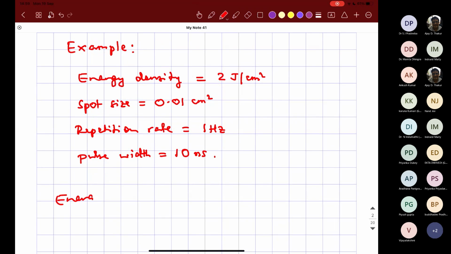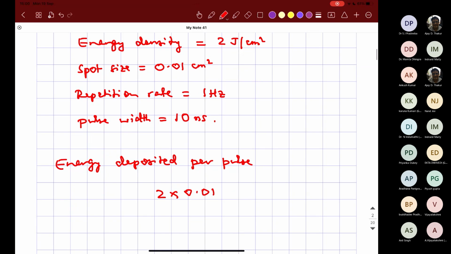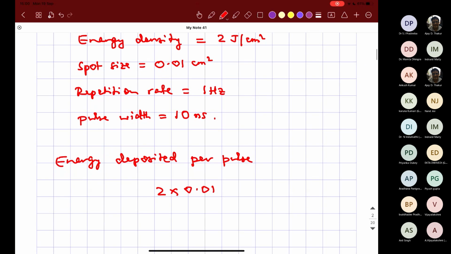So the energy deposited per pulse is how much? We can say it is 2 into 0.01 joules.